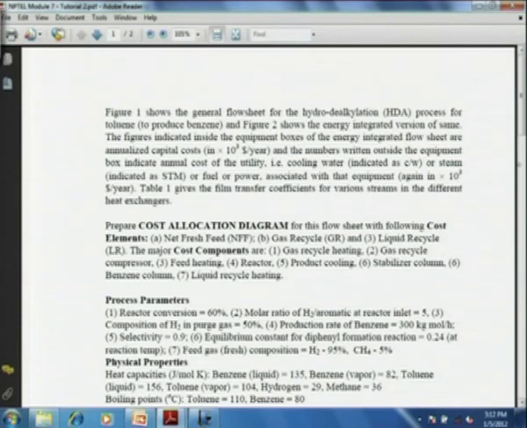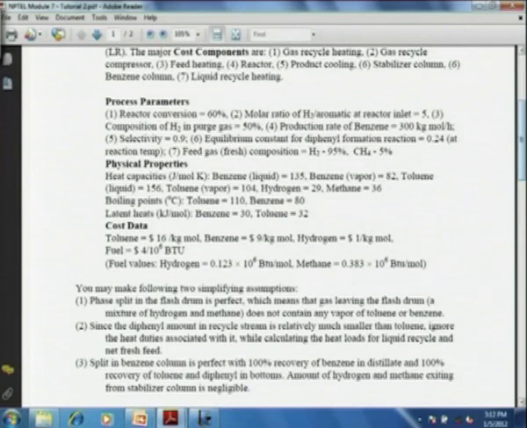The process parameters now are: reactor per pass conversion 60%, molar ratio of hydrogen to aromatics at reactor inlet 5, composition of hydrogen in purge gas 50%, production rate of benzene 300 kilomoles per hour, selectivity at transient conditions 0.9.